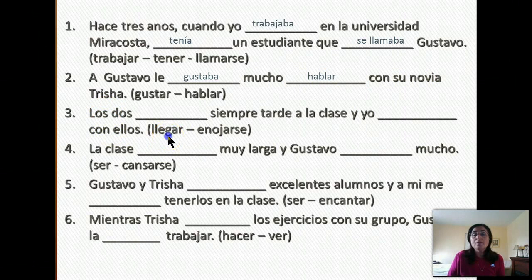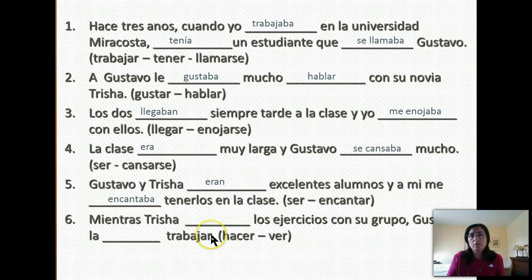Los dos llegaban siempre tarde a la clase y yo me enojaba con ellos. La clase era muy larga y Gustavo se cansaba mucho. Gustavo y Trisha eran excelentes alumnos y a mí me encantaba tenerlos en la clase. Mientras Trisha hacía los ejercicios con su grupo, Gustavo la veía trabajar.